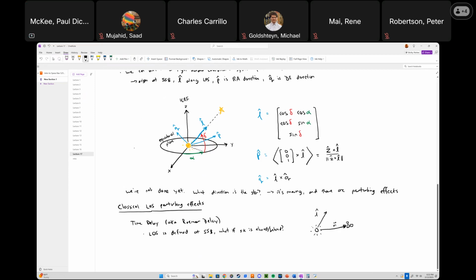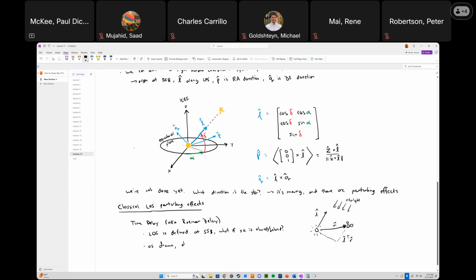Here is the incoming starlight, which is generally opposite the L direction. And what we're going to do is we're going to say, well, look, here is the component of the position of the spacecraft that is basically along the line of sight direction. This is going to be L transpose R.